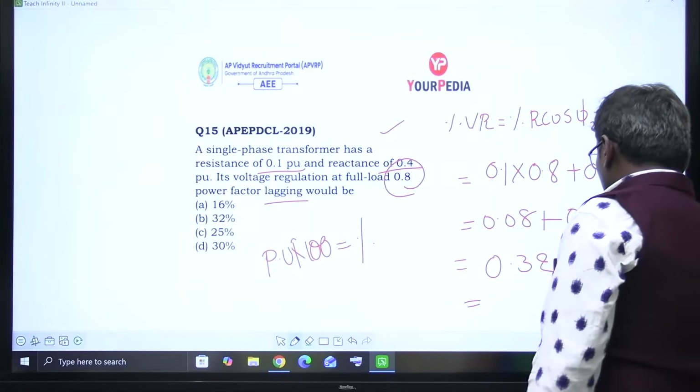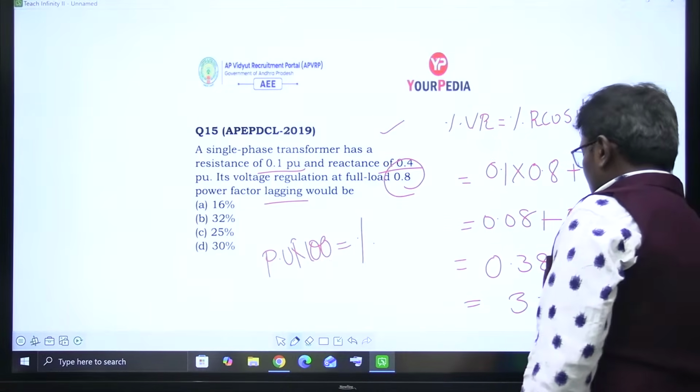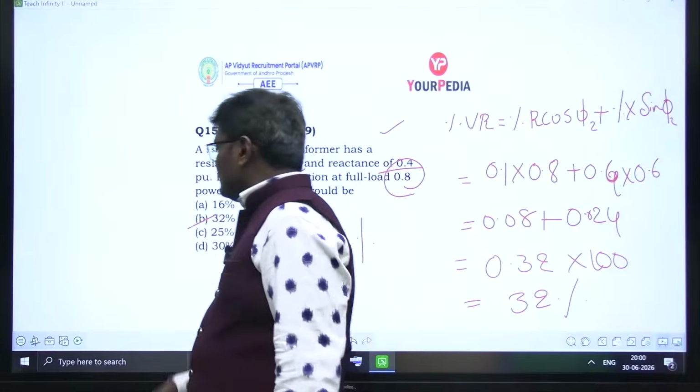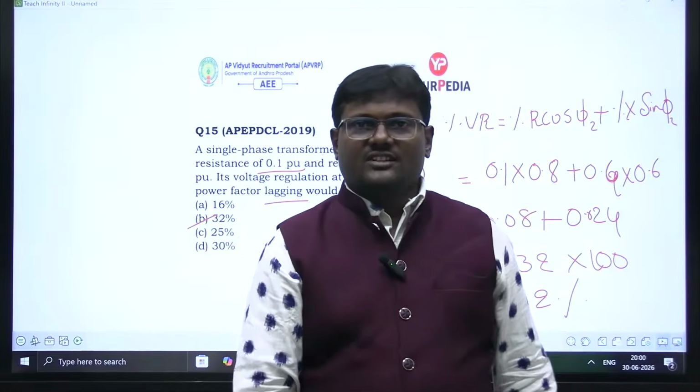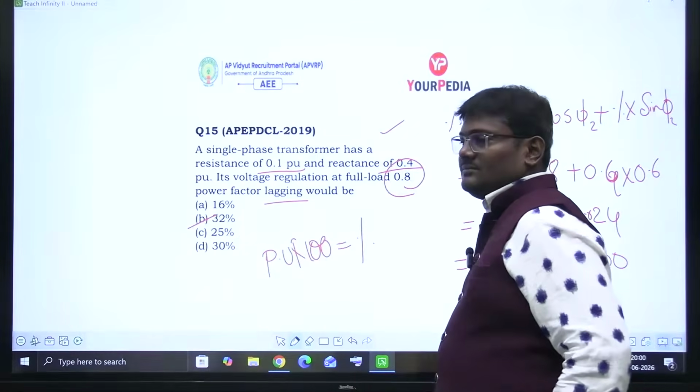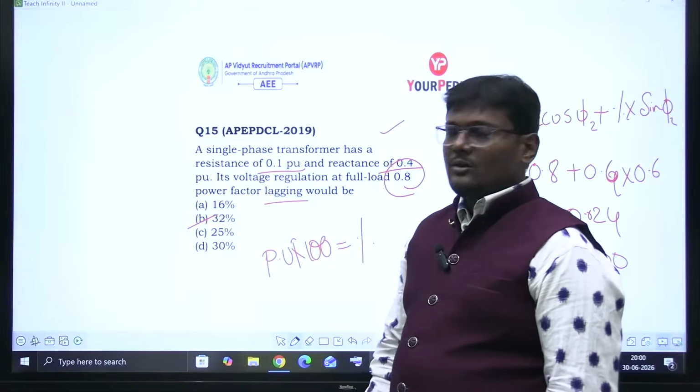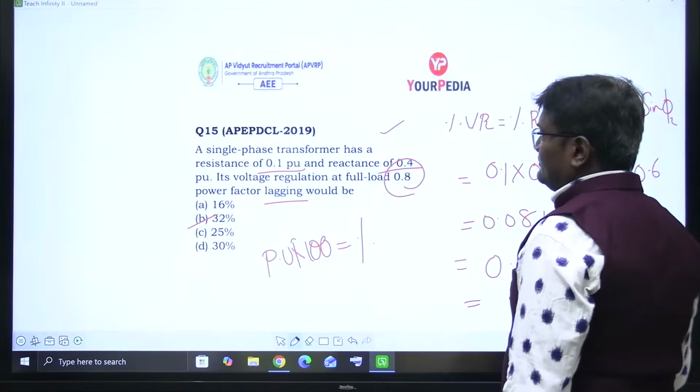Multiplied with 100, 32%. B option is correct.